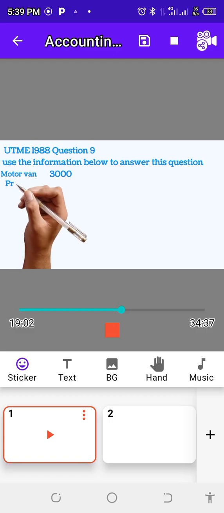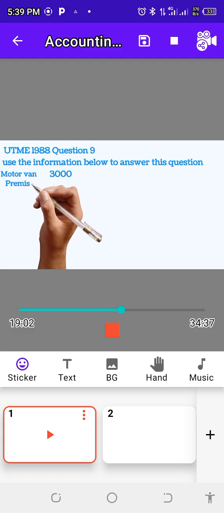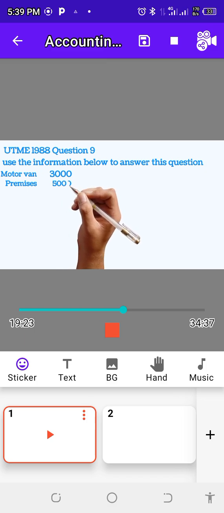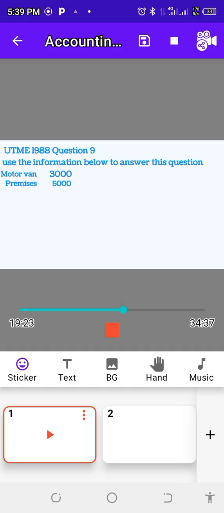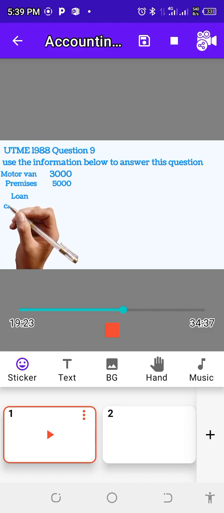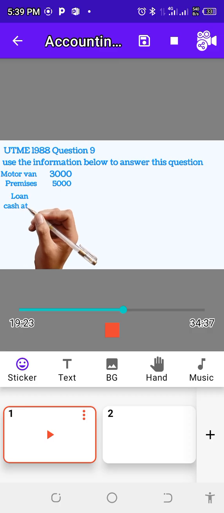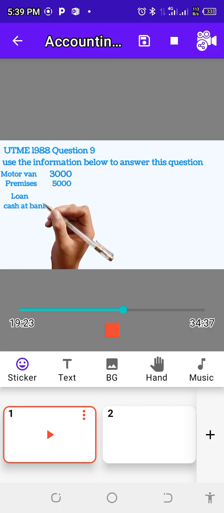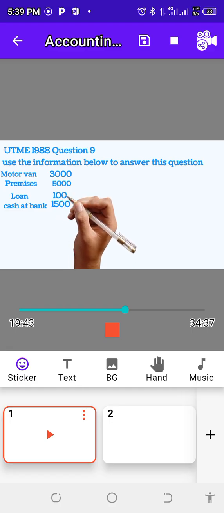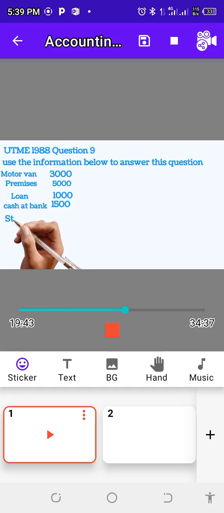Premises is 5,000. Cash at bank is 1,500. Loan, let's put the loan at 1,000. Stock we have 4,800.